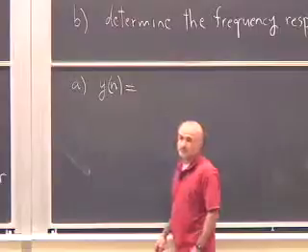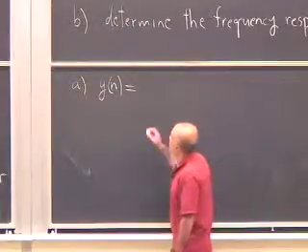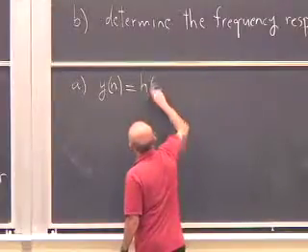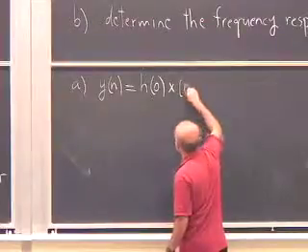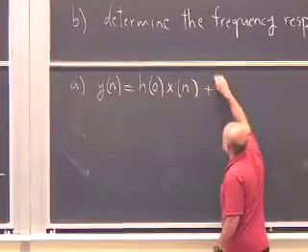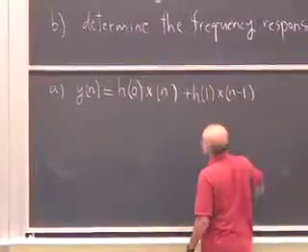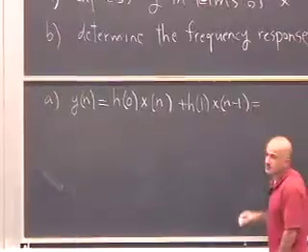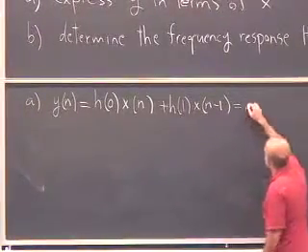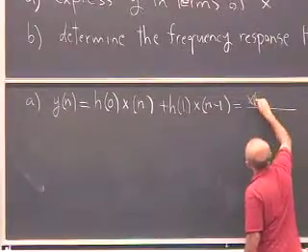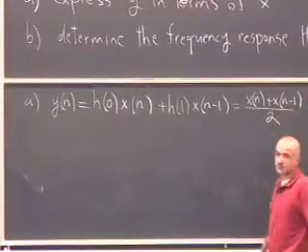Convolution sum. How many terms are non-zero? 2. k equals 0 and k equals 1. So you have h of 0 times x of n, plus h of 1 times x of n minus 1. Both of these h values are 1/2. So you're left with x of n plus x of n minus 1, divided by 2.